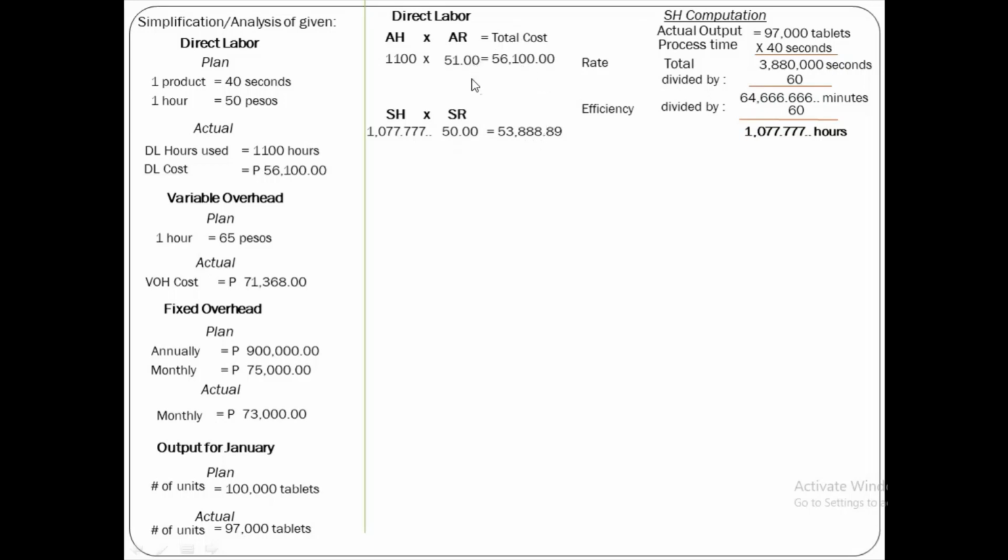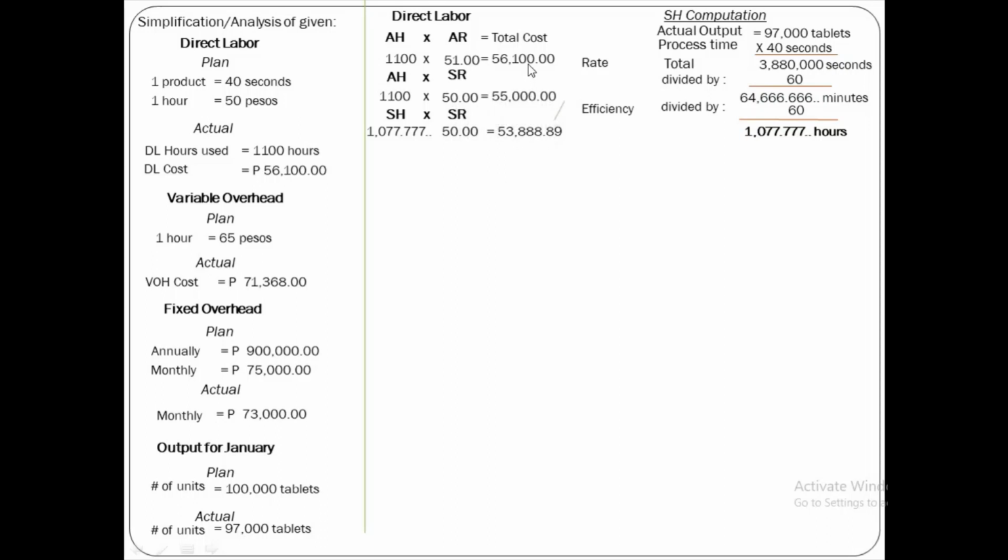So, let's answer the question, how do we get the rate variance? We can get the rate variance if we compare this 56,100 with another amount, and that amount is actual hours times standard rate. On the actual hours, it's still 1,100 and then the standard rate is 50. So, the total is 55,000.